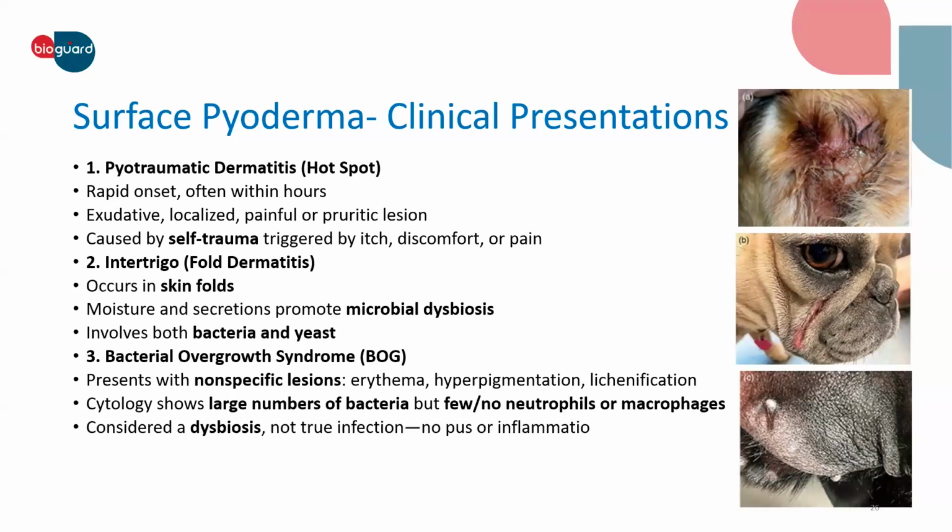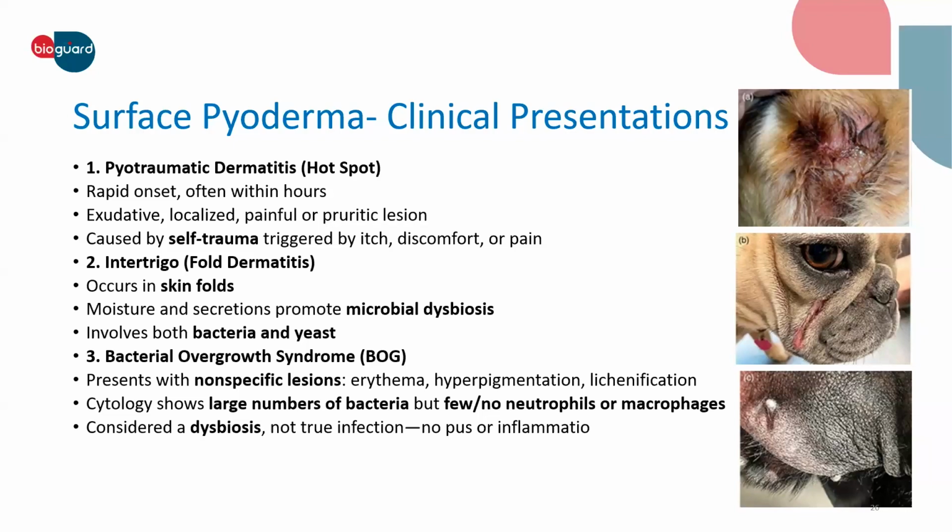It has agitated, localized, painful or pruritic lesions, and it's usually caused by self-trauma triggered by itch, discomfort, or pain. Like the figure on the top, that's pyotraumatic dermatitis.